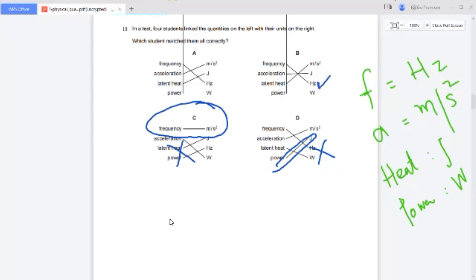Frequency is in hertz. Latent heat can't be measured in meter per second square, so this whole option goes incorrect. So we are left with option A: frequency is hertz, acceleration is meter per second square, heat is in joules, power is in watt. So option A is the correct option.